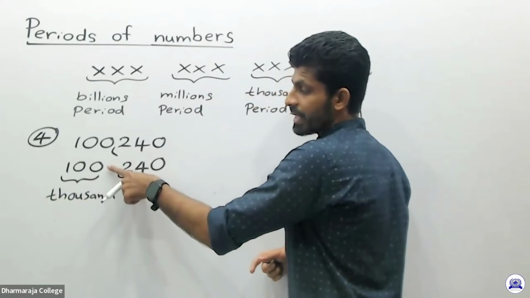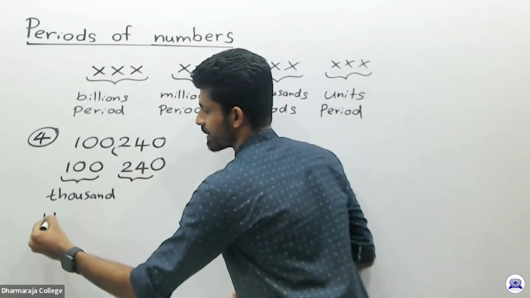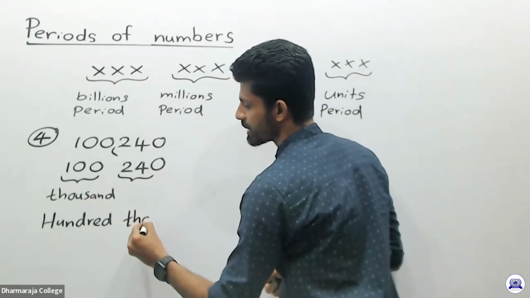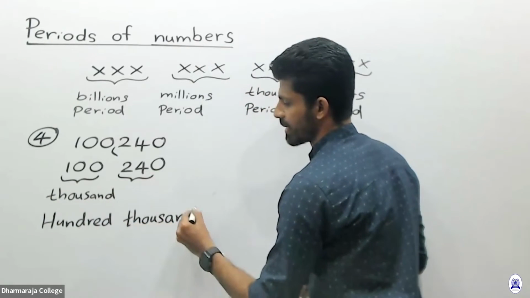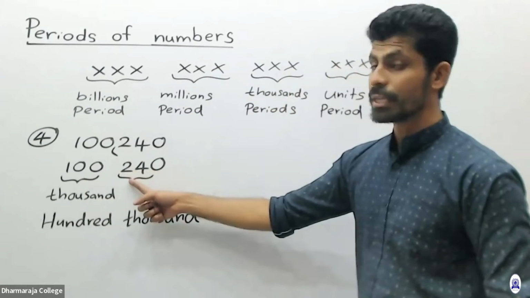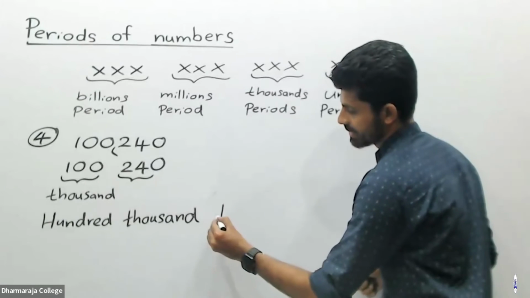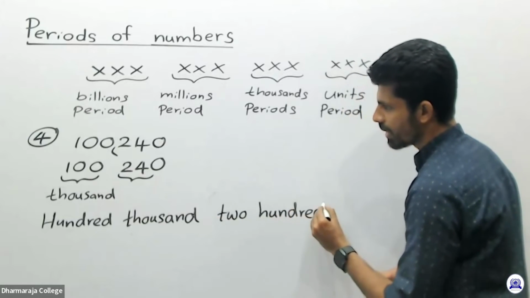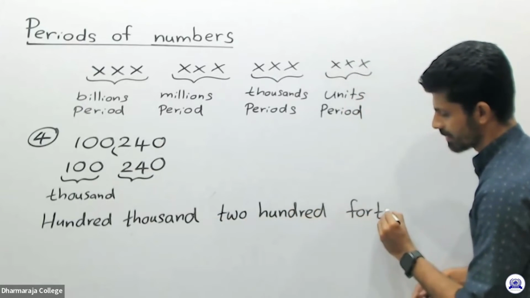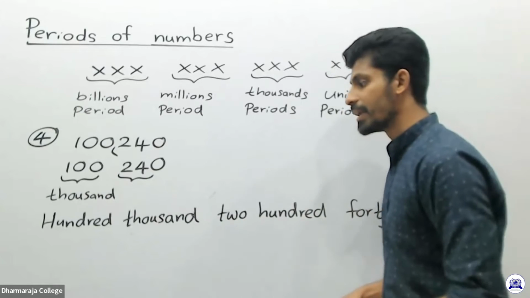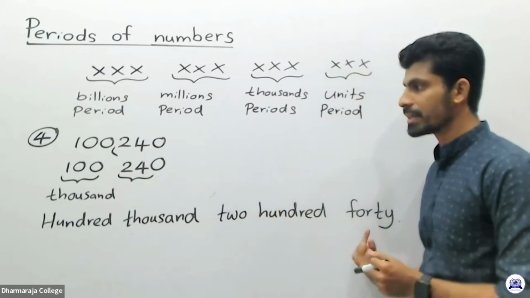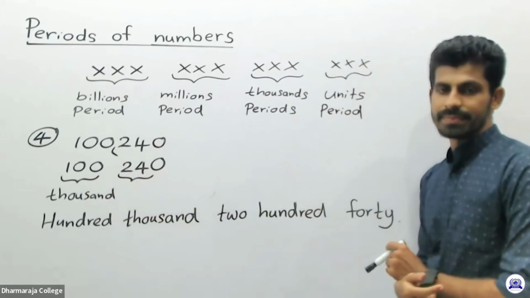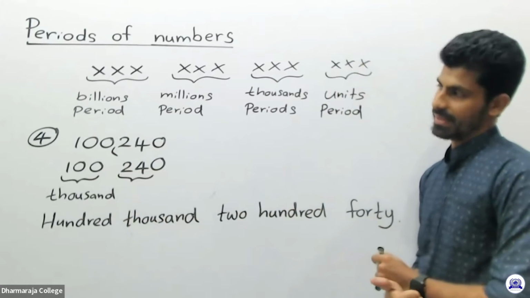How to write the number? 100,000. 240. 100,000. 240. Easy. Very good.